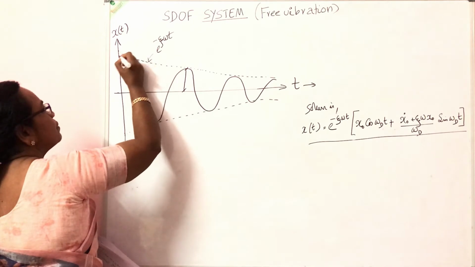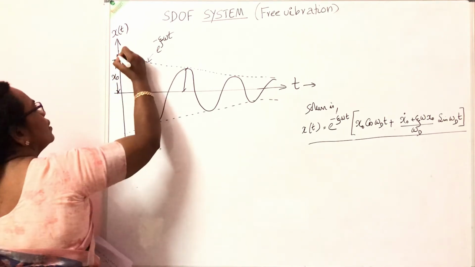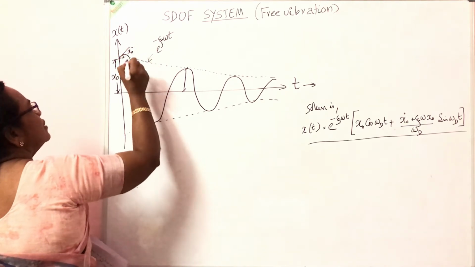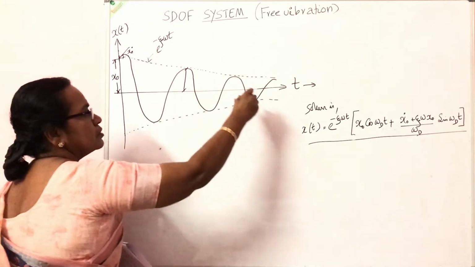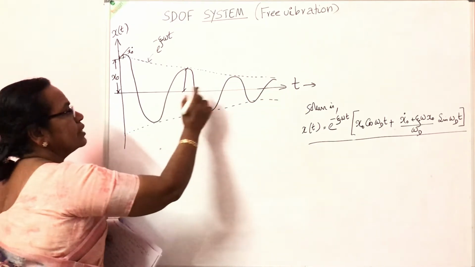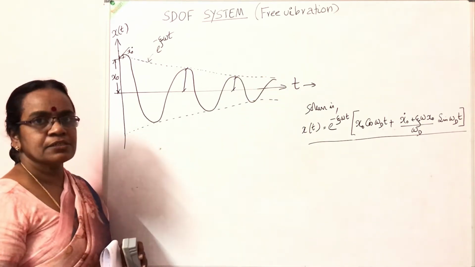It starts from an initial displacement of x0 with an initial velocity x0 dash, undergoes oscillatory motion, and we can see that the amplitude decreases in each cycle.